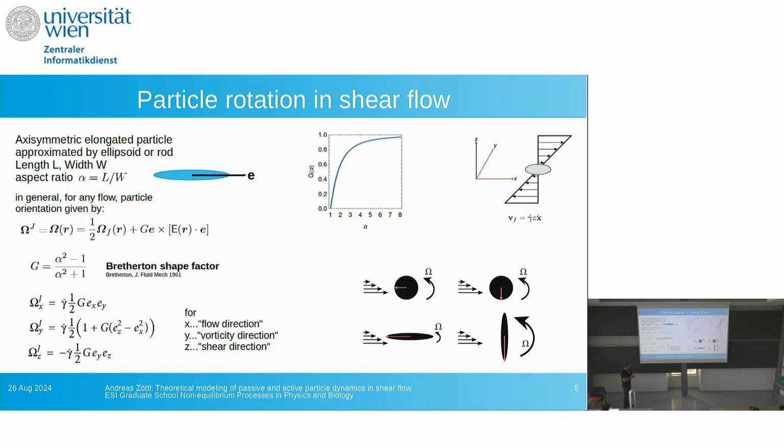But when you point perpendicular to the flow, it rotates very fast because it sees a very dramatic difference in the local velocity at the top and at the bottom. So this is the simple graphical solution of this equation, at least in 2D.